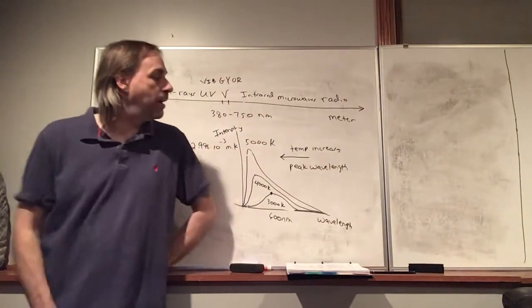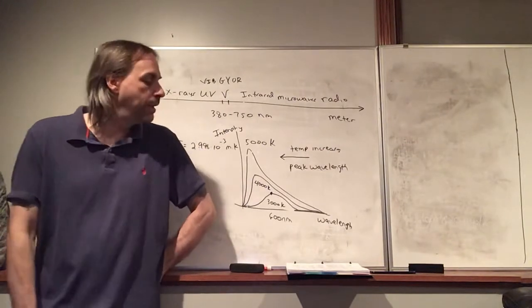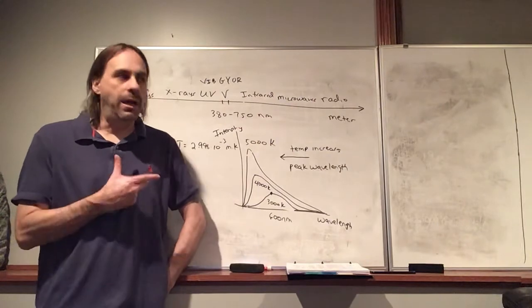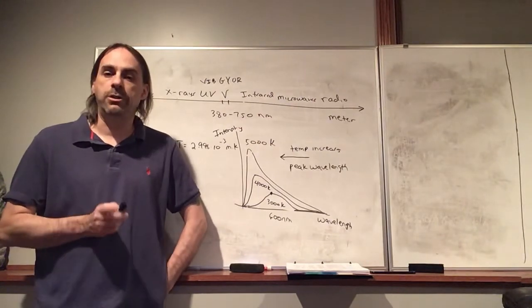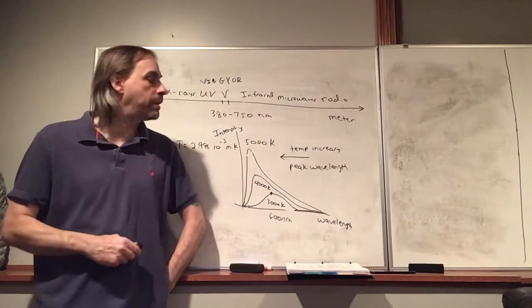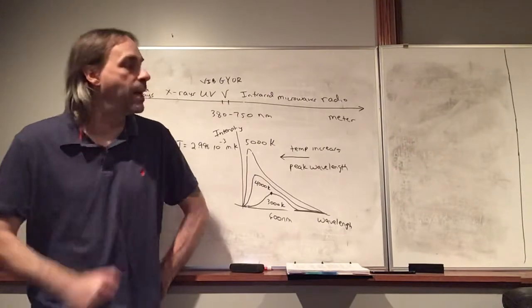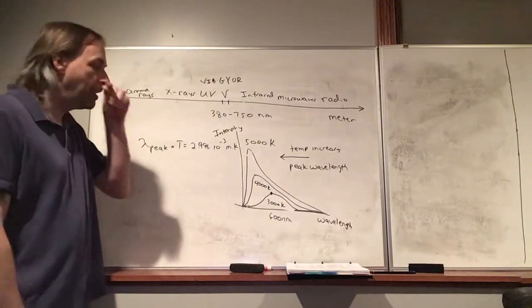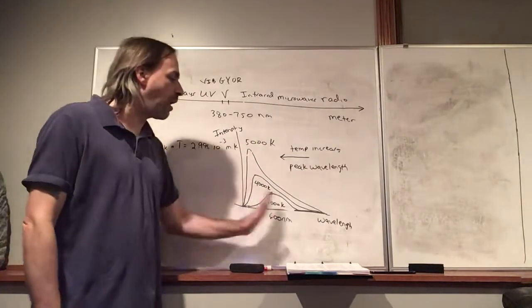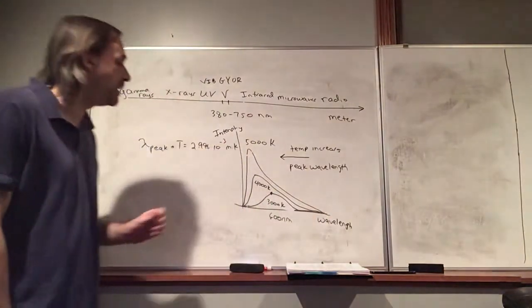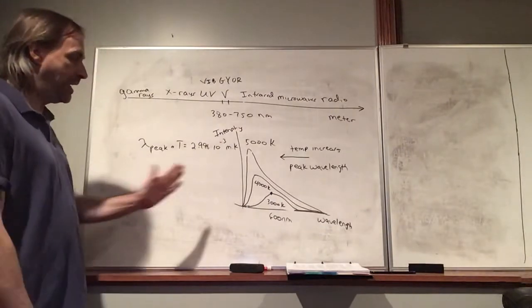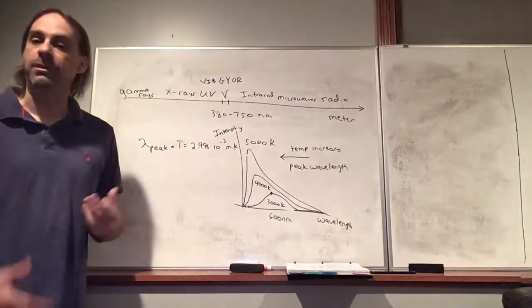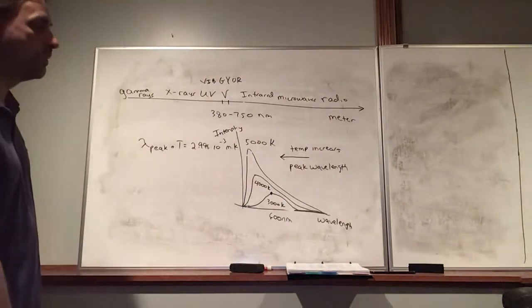But the color that it's glowing gives you an idea of the temperature of the object, and that's extremely important in astronomy because we can look at the color of an object. In particular, if we look at the light from a star and separate it into its wavelengths, we can see where the peak wavelength is and use that to determine the temperature of the star.